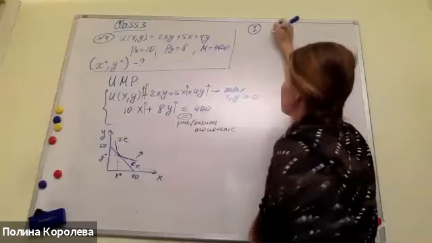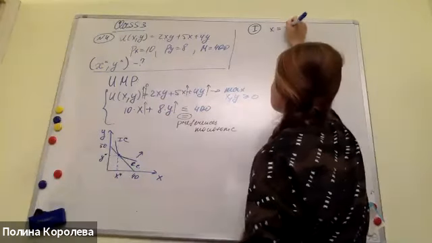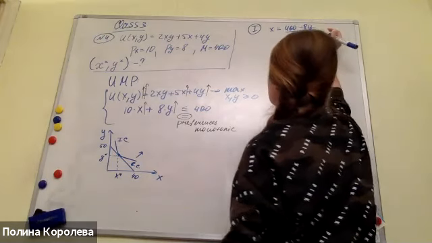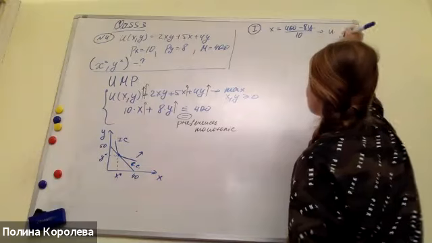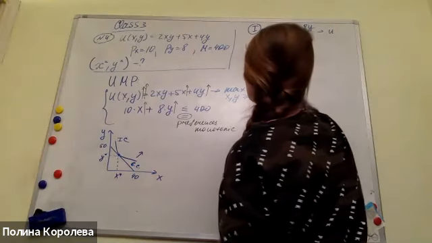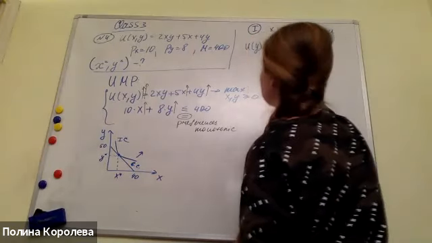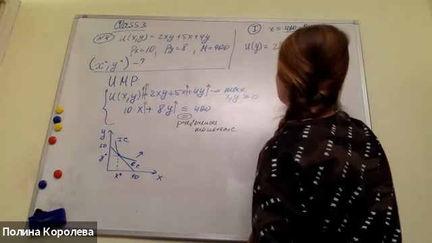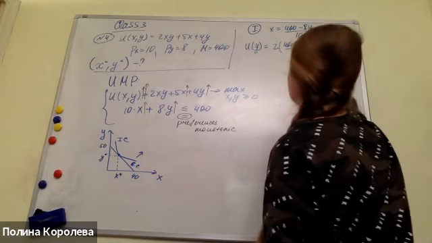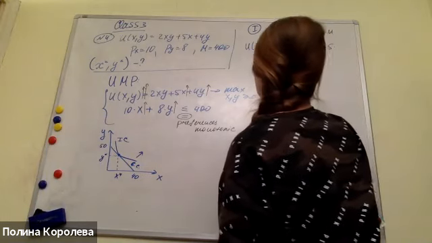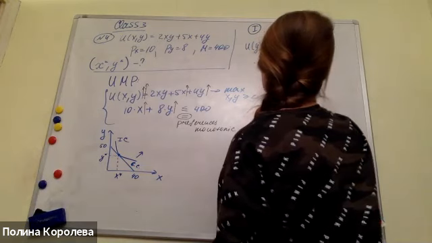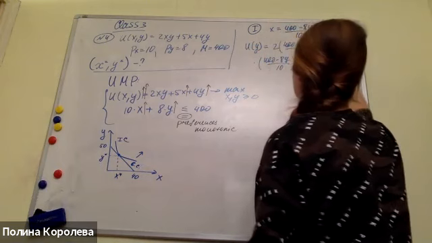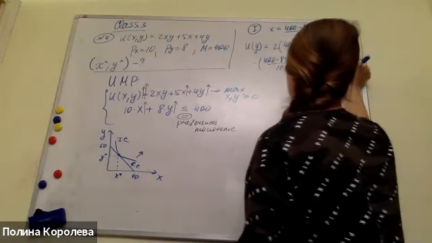From the budget constraint, you can find, for example, x, it is equal to 400 minus 8y over 10, and put it into utility. So utility will be a function of y, it will be equal to 2 times (400 minus 8y over 10) multiplied by y plus 5 multiplied by (400 minus 8y over 10) plus 4y. And this you will maximize by choosing y non-negative.